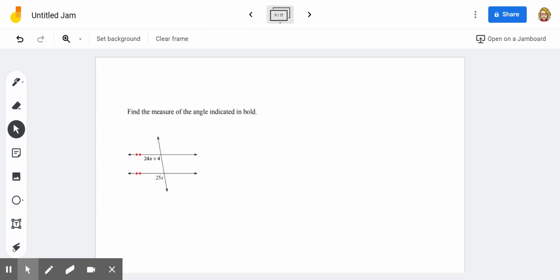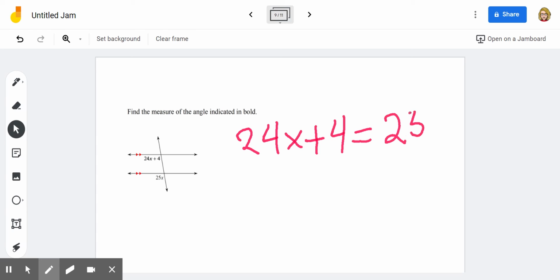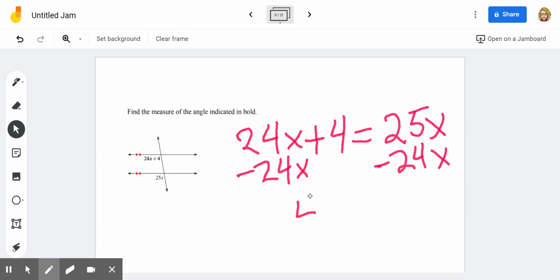So here we have an example of corresponding angles. We're going to solve by setting them equal to each other. So 24x plus 4 equals 25x. Subtract 24x. 4 is equal to x.